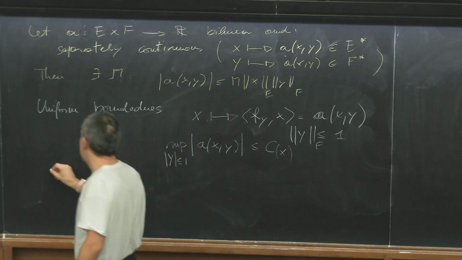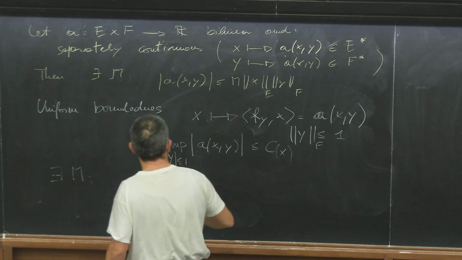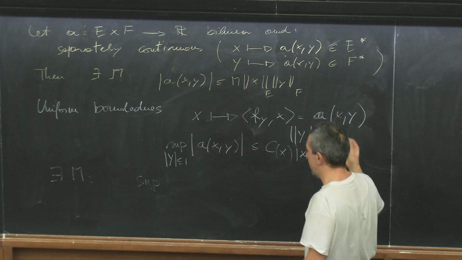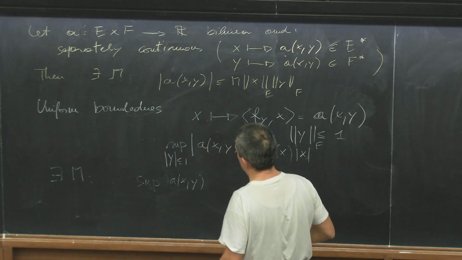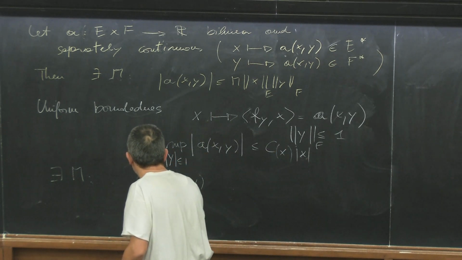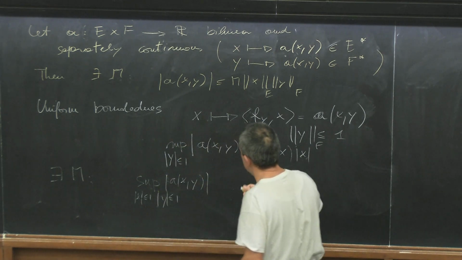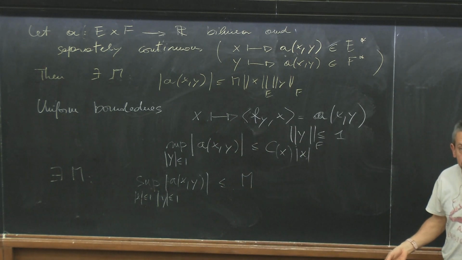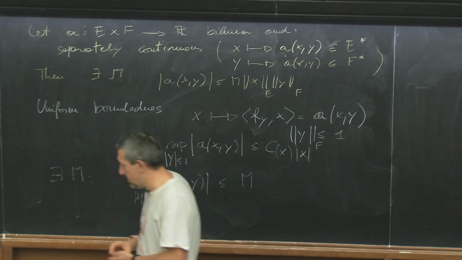So there exists a constant M such that the supremum, and actually I can say this is less or equal to the norm of x, of A(x, y), with norm of x less or equal than 1 and norm of y less or equal than 1, is less or equal than this constant M, because they are uniformly bounded.